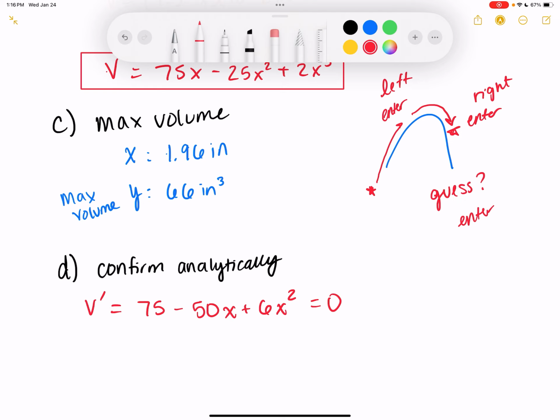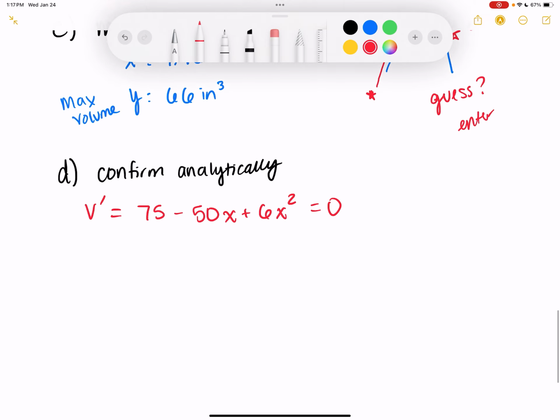So now, can I factor? Nope. Quadratic formula. That's not factorable. It's been a hot minute for the quadratic formula, but it's negative b plus or minus the square root of b squared minus 4ac all over 2a.